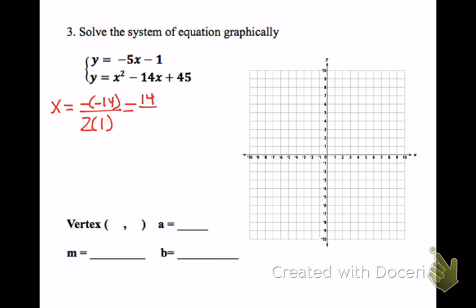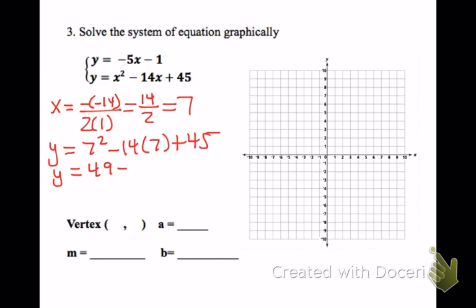So that's 14 divided by 2, which gives me 7. For the y value, you plug in 7 squared minus 14 times 7 plus 45. Keep on going: 49 minus 98 plus 45. You get -49 plus 45, which gives me -4.